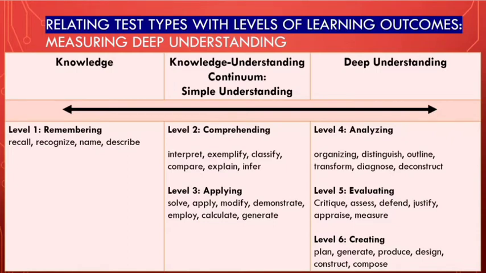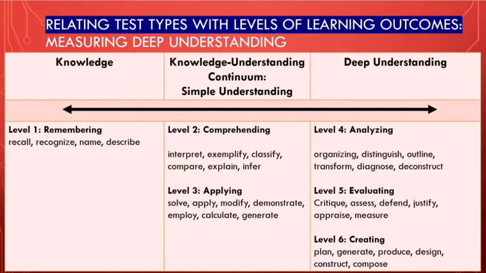These words could serve as your guide in identifying whether your objective is on level 1, 2, 3, 4, 5, or 6. And I repeat, in consequence, this will serve as your guide in drafting or constructing your assessment. So knowledge and simple understanding involve the first three cognitive levels: level one, remembering, level two, comprehending, and level three, applying, referring to the lower order thinking skills.